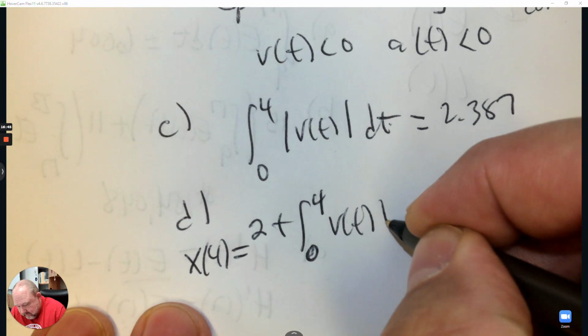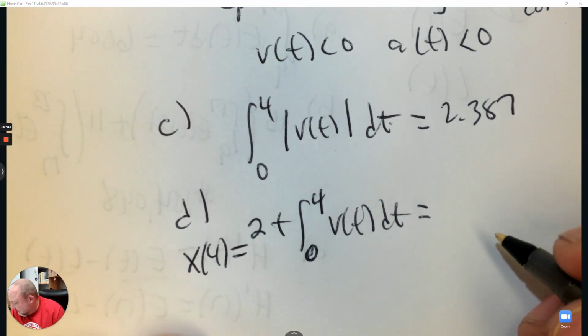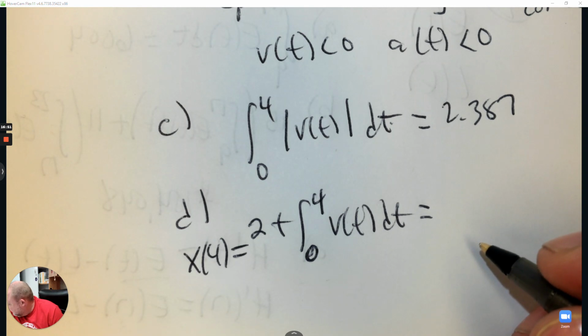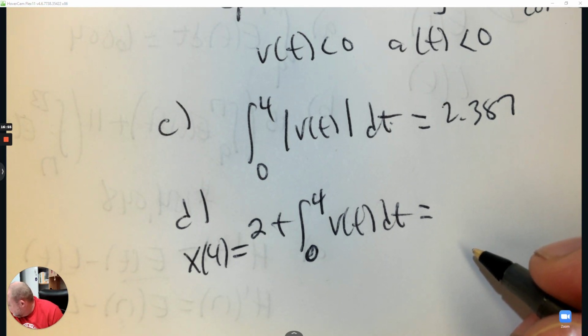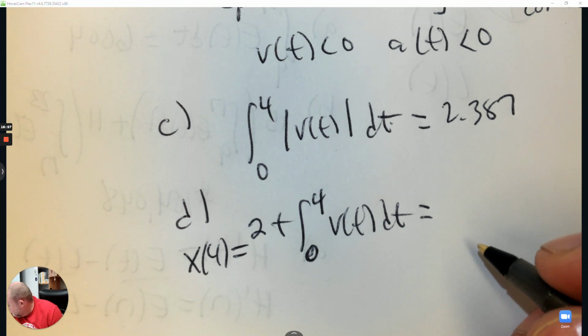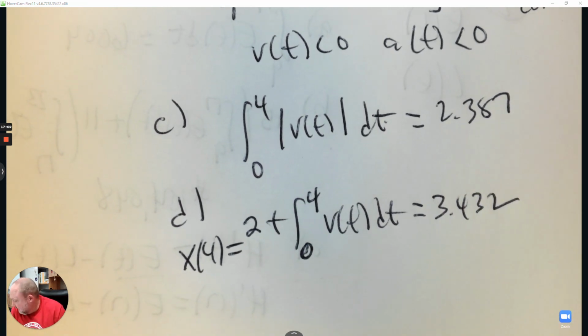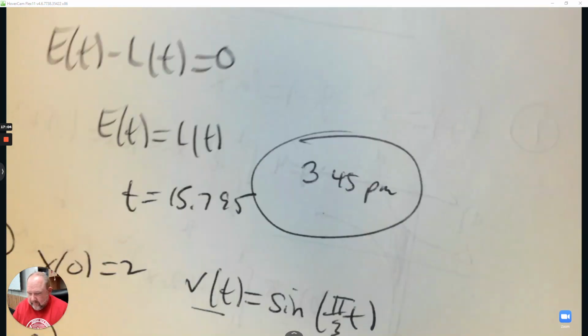And we would integrate the velocity and then use our calculator. And you would get 3.432 as an answer. All right.